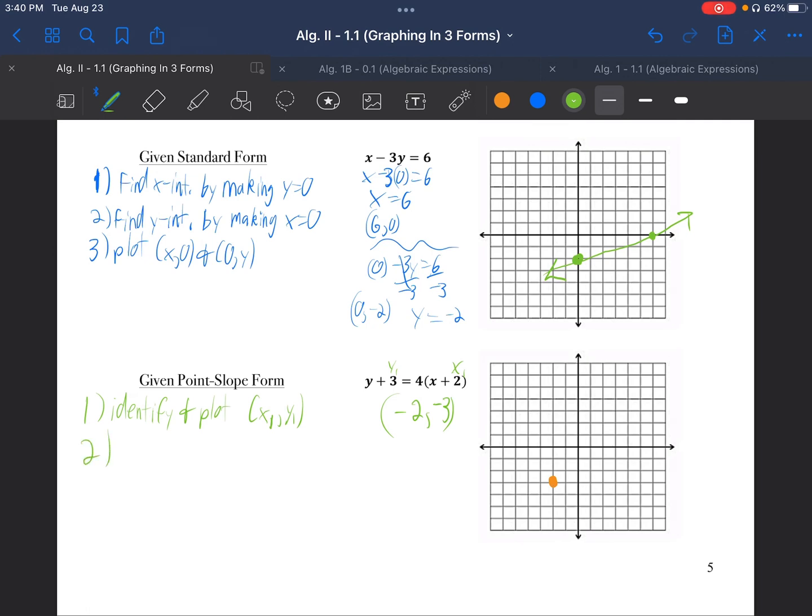Next step, choose the point and slope to plot more points. So the slope is whatever's outside the parenthesis to be distributed in. So 4, aka 4 over 1. So I will go up 4 to the right 1, or down 4, left 1.